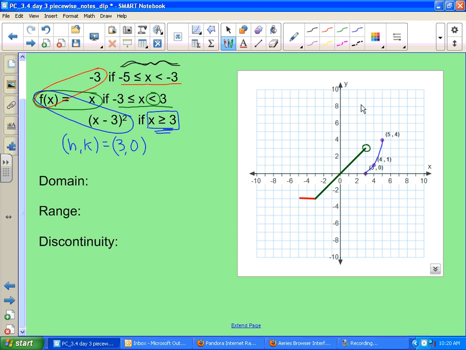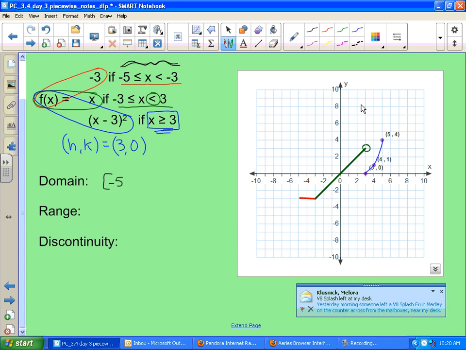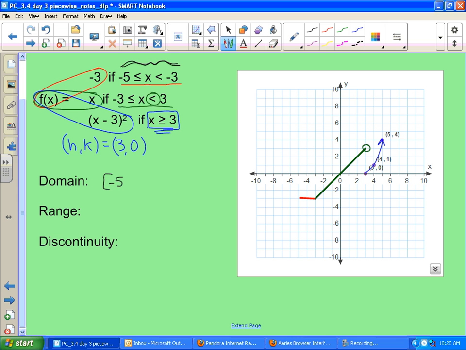All right, Alex L. I called on you yesterday, didn't I? Yes, I did. That's okay. Tell me the domain of that graph. Okay, I got -5 is where it starts. And then you say infinity. Okay, very good. Remember that this parabola has an arrowhead on the end of it because it says greater than or equal to 3, which means it just keeps on going. And so I would say that I'm going to just keep on trucking right there from -5 to infinity.